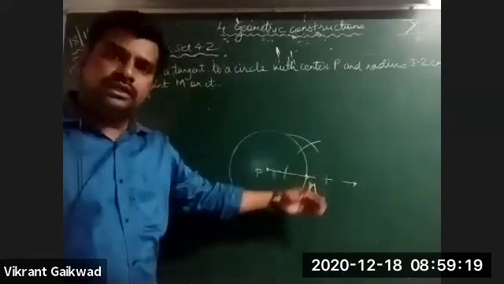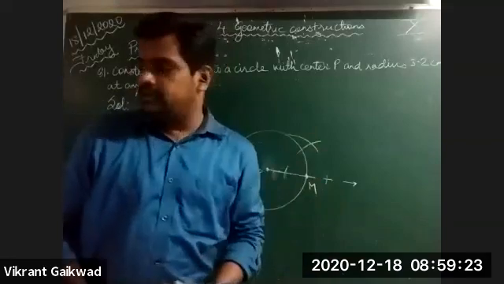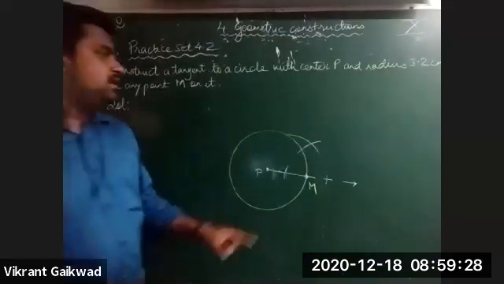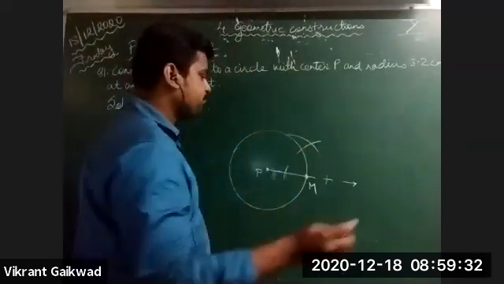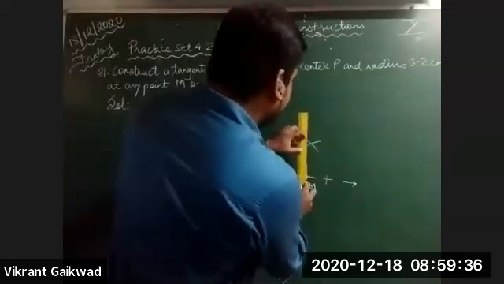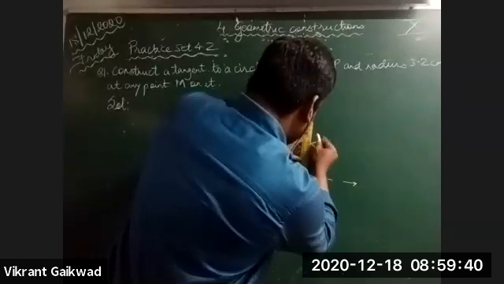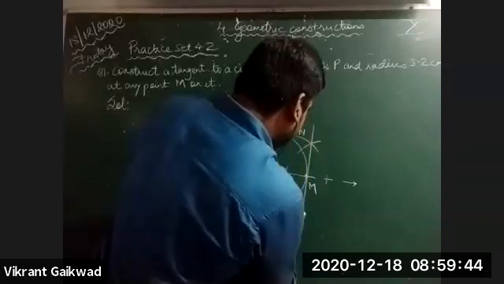above. You can draw it below also. The point is known, so I'm going to do it above. So you'll get the intersection of the two arcs. We'll name this as point N. Join N with M, and just extend that line down.